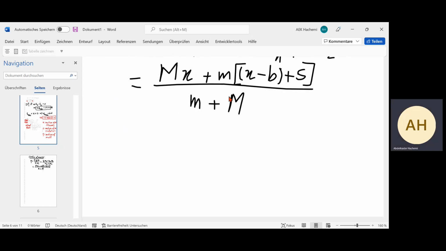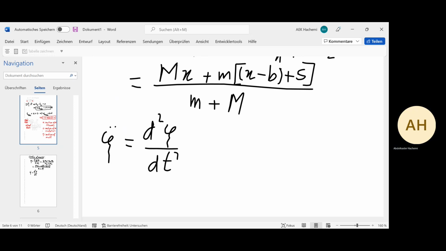Then if we develop further, we get the acceleration x dot dot, when we derive, it's only the second derivative with respect to time.